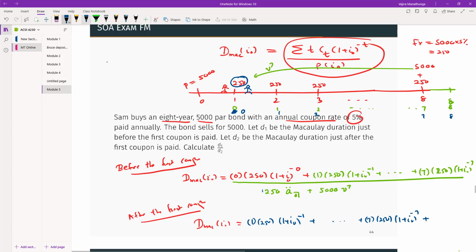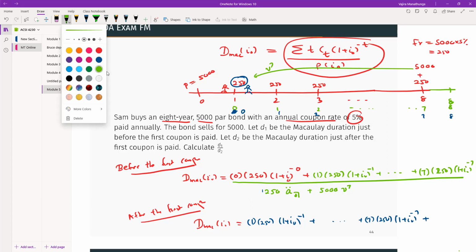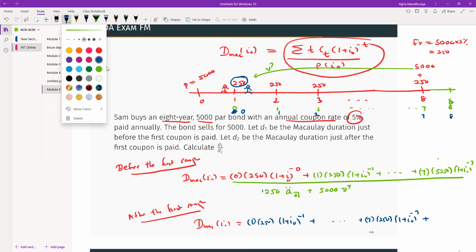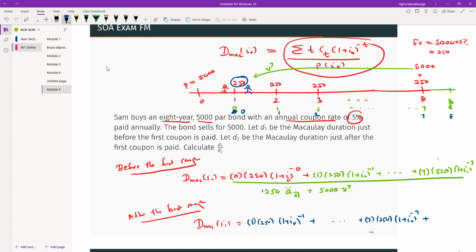By the way, in the previous one I had to include the 5,000. At time 7, you are going to get 5,250, because you have to think about the redemption amount. So the same way, after time 7, it's not just 250, it's 5,250. Then divide by the price. For that one, it becomes an annuity immediate.